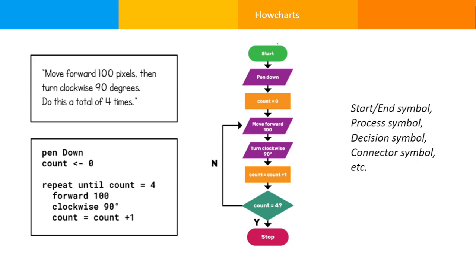We said a flowchart is the visual representation of the step-by-step instructions to solve a given problem. When I say visual, it boils down to diagrams, the use of shapes. Unlike pseudocode where we were using text, words, here we are using shapes to communicate the solution to the given problem.